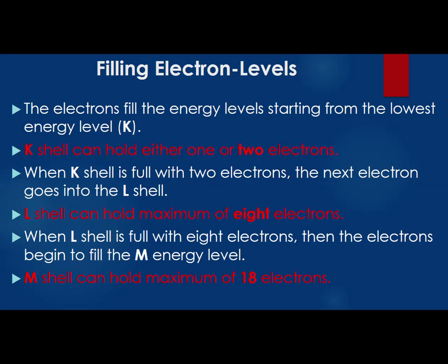The electrons fill the energy levels starting from the lowest energy level, that is K. That means if we have an atom of hydrogen, there is a nucleus inside, and then how many electrons are there in hydrogen? As you know, the atomic number of hydrogen is 1, so it has just 1 electron. This one electron will move to the first shell, that is the K shell.